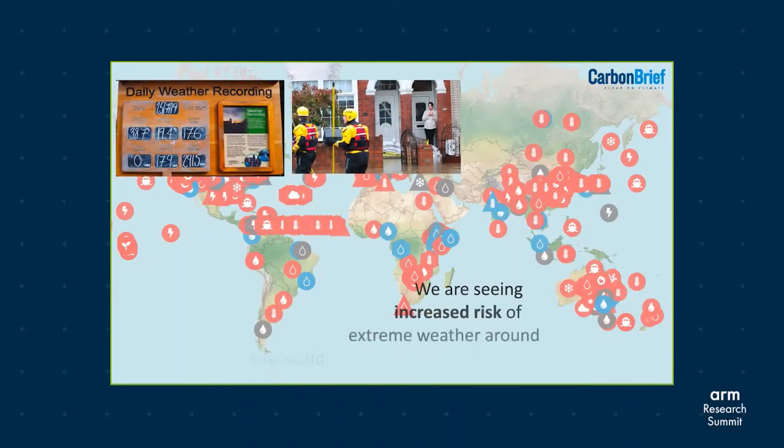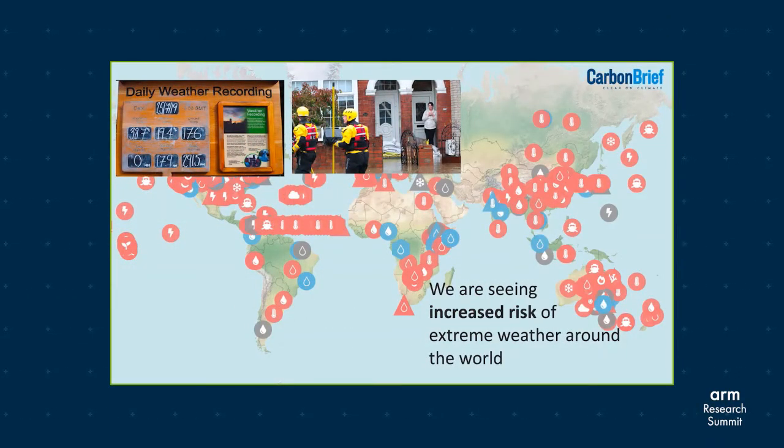This map here, all the dots that you see are examples of extreme weather that have occurred around the world in recent years, and all those dots that are coloured red are examples where we've been able to scientifically look at those extreme weather events and ask the question, has climate change increased the risk of them occurring? And all those red dots are where it's been able to be shown that indeed climate change that's already occurred to date has increased the risk of those severe weather events, and in many cases increased it very substantially.